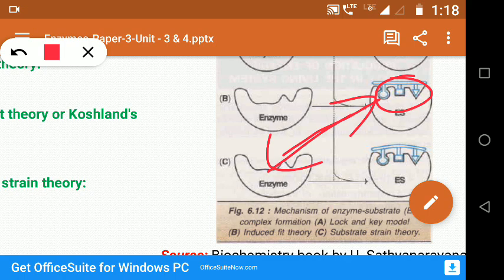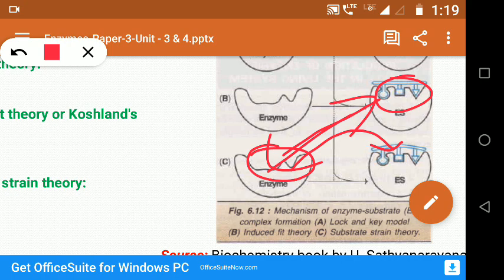But in the third theory, that is substrate strain theory, the active site changes the conformation in such a way that it induces a strain in the substrate, so that by the time the substrate binds to the substrate binding site, the active site, the substrate will be strained a little bit so that the substrate becomes a transition state.